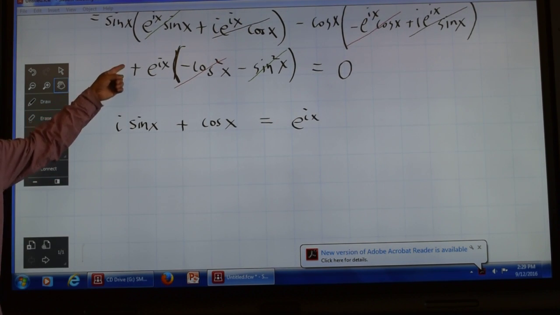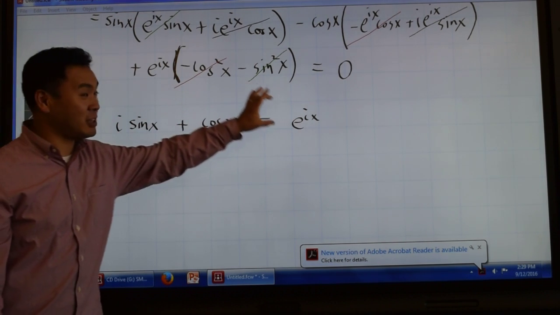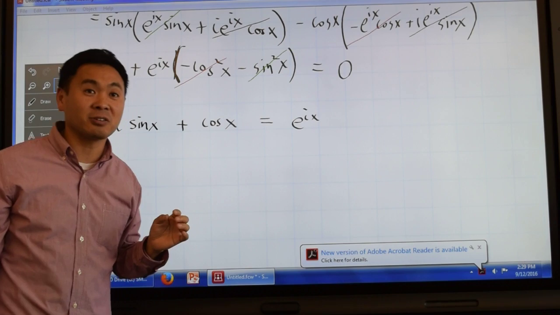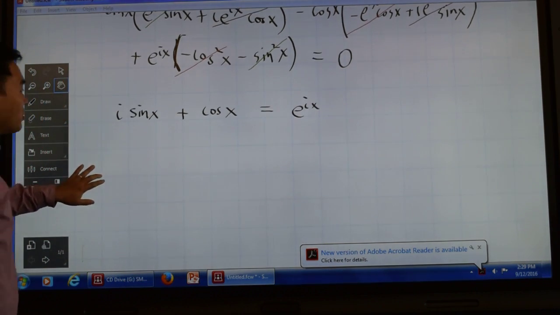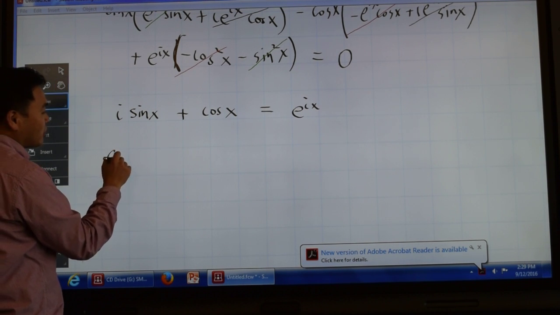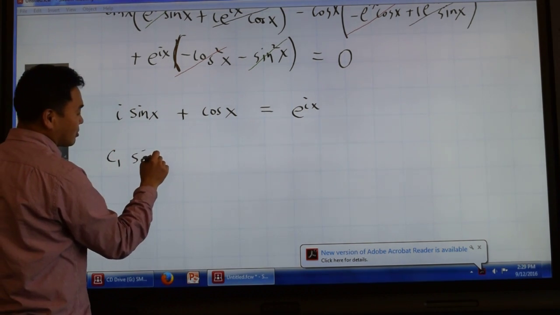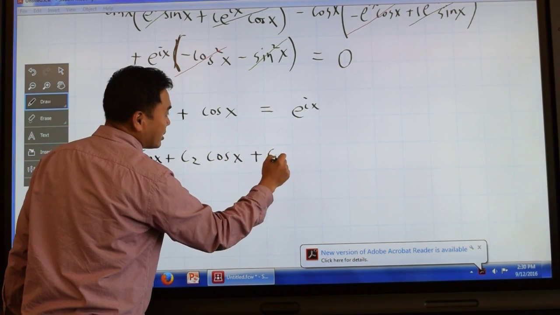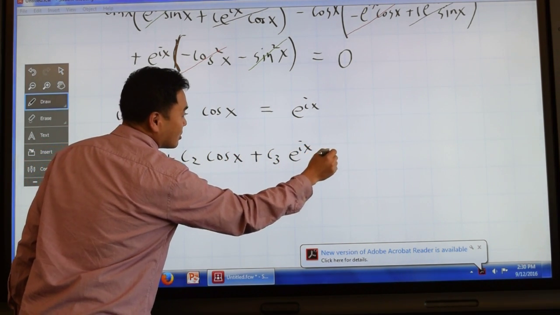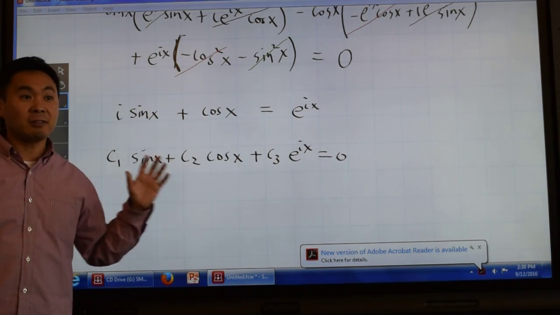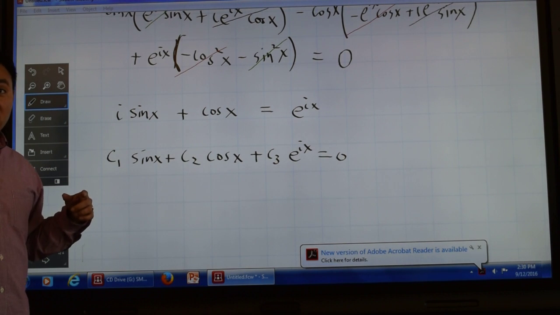All this is saying is that there should be C1, C2, C3 such that when you add them up, you get 0, with not all of them 0. So all this calculation shows us is that there's some C1 sine x plus C2 cosine x plus C3 e to the ix that gives 0 for certain C1, C2, and C3 values, not all of them 0.